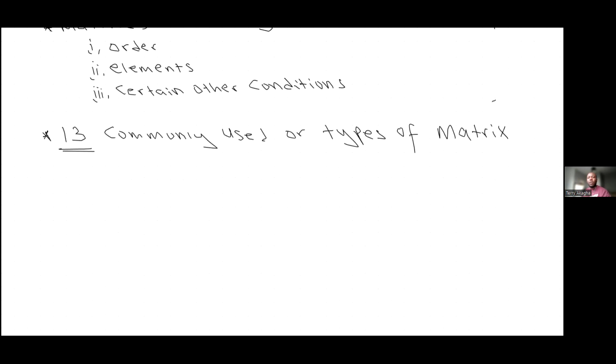The first one I'm going to talk about is what we call the row matrix. The row matrix, from the word row, is basically a matrix with one row.